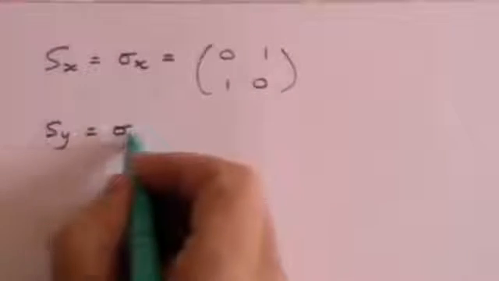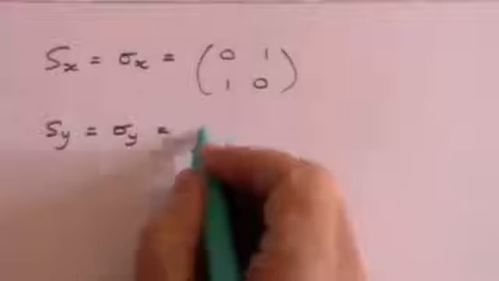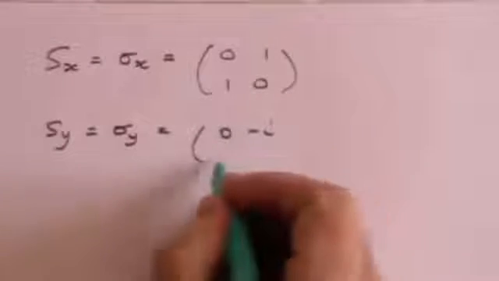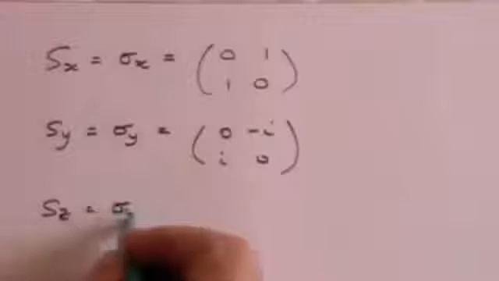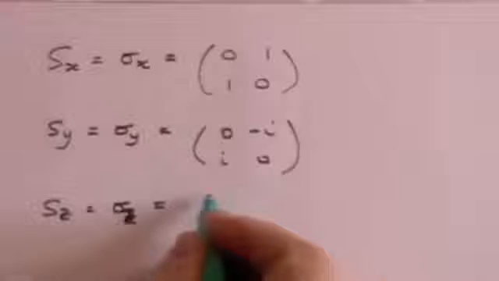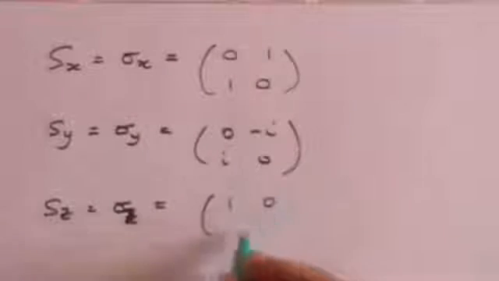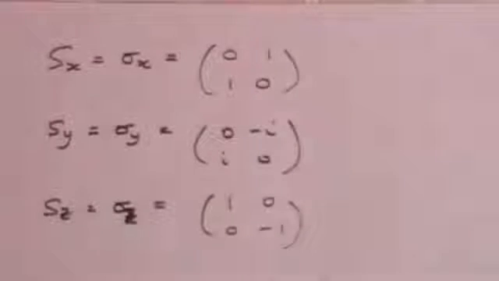Sy is the Pauli matrix sigma y, which is 0, minus i, i, 0. And Sz is the Pauli matrix sigma z, which was 1, 0, 0, minus 1. So we have effectively already covered the values or the measurables, the operators Sx, Sy and Sz.